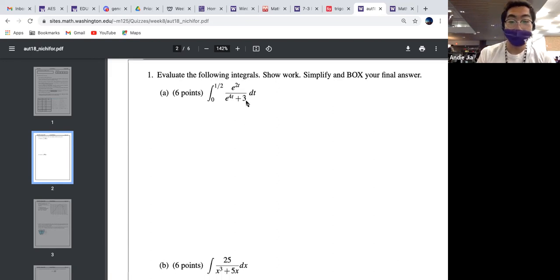When we do the u substitution, the e to the 2t should cancel out, and you should have 1 over e to the 2t squared plus 3. So let's do the u-sub and then the computation. Does this make sense to you?